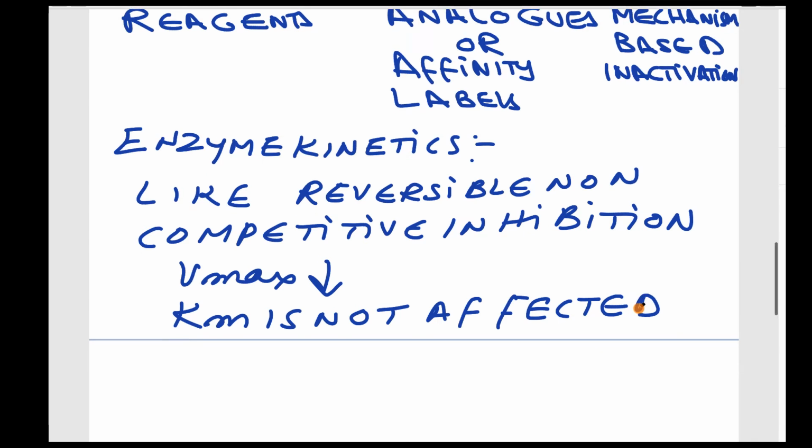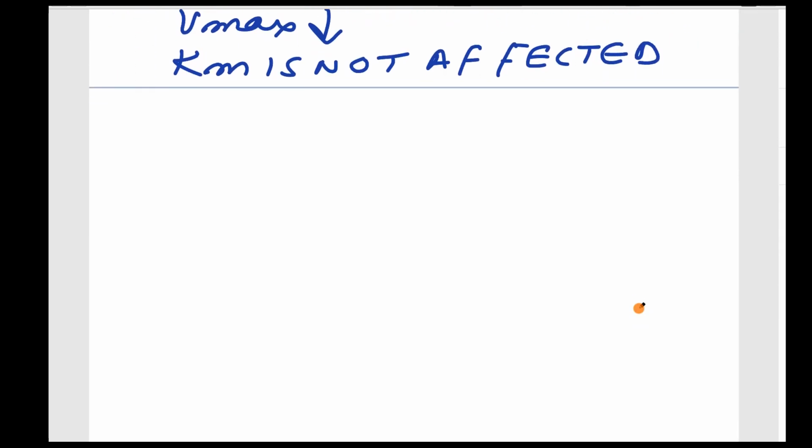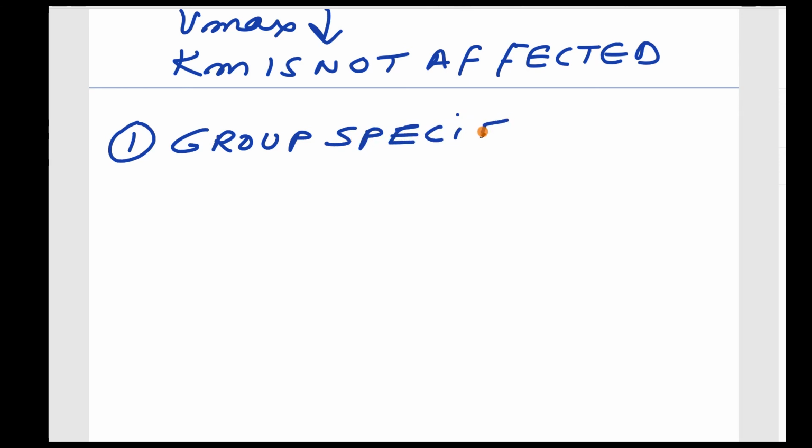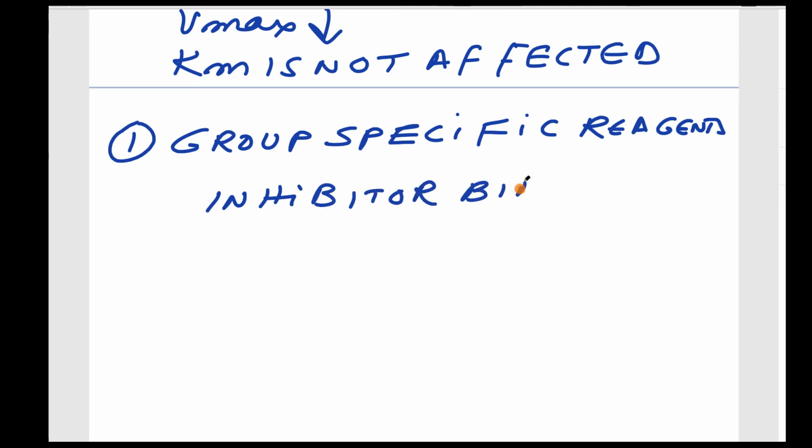Let us briefly discuss each category. The first one is group specific reagents. Here we have the enzyme.